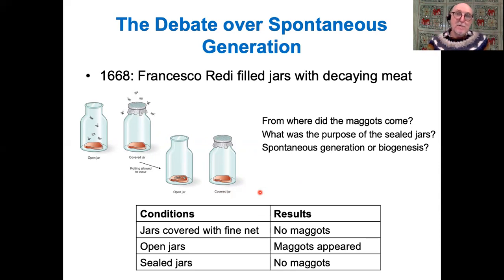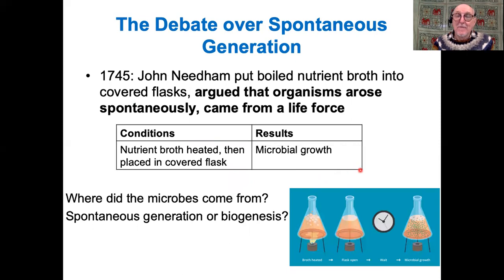The spontaneous generation people now say, although the flies can't get through, spontaneous generation can still go on because the vital force has not been prevented from entering the jar. I know these arguments sound ludicrous, but they went on and on for decades, arguing back and forth about whether spontaneous generation occurred or not, despite the clear evidence in front of them.